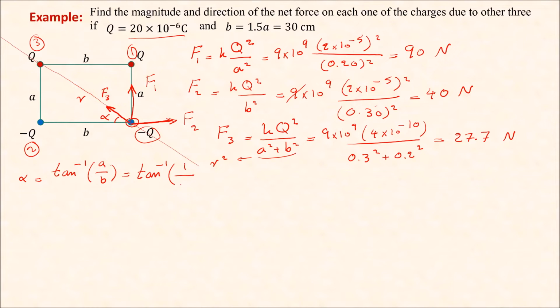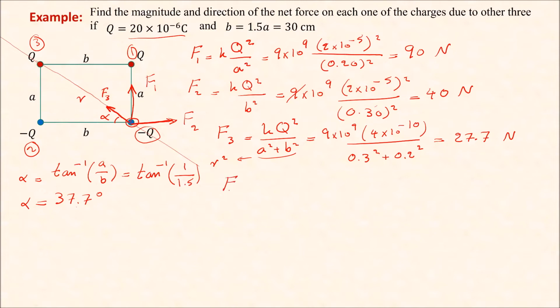If you do that, how much will I get? 37.7 degrees. Now that we have alpha, we can get all these components very easily.